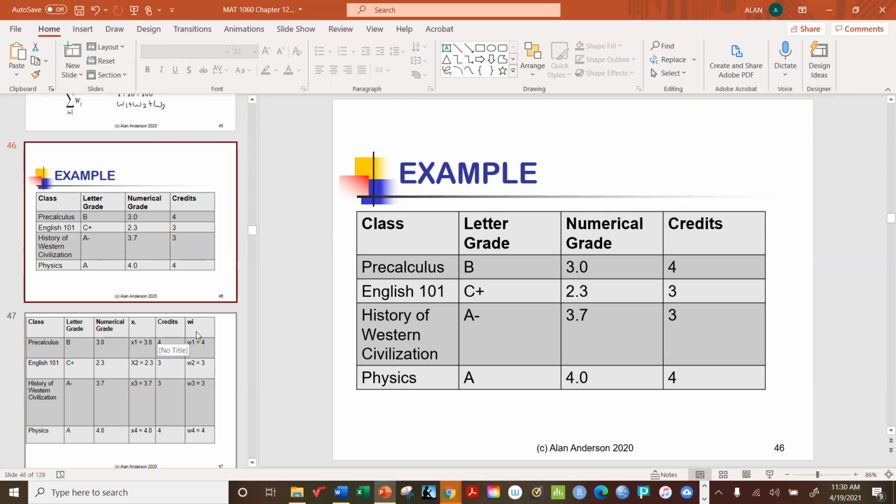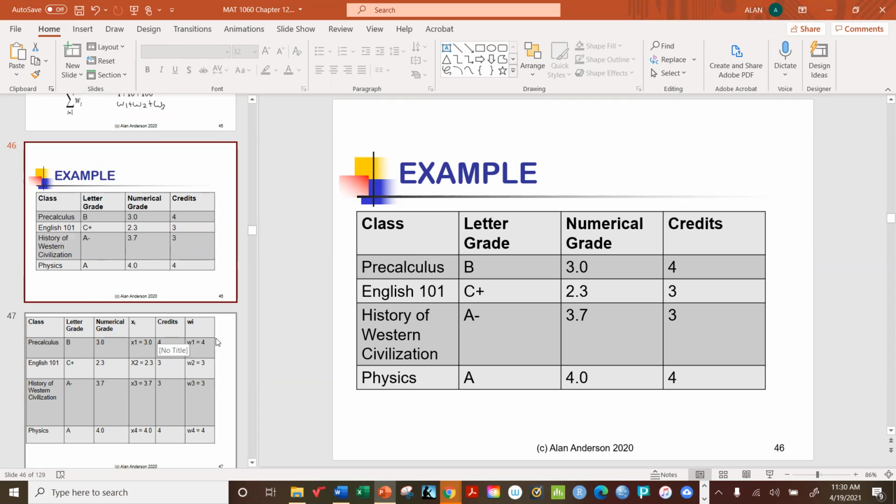It turns out that the credits will be the weights. The numerical grades will be the X's. The letters, we can't do anything with the letters. You can't combine them algebraically. It's the numbers that we'll need for the GPA. And of course, the name of the class doesn't tell us anything. I mean, it doesn't help us calculate the mean.